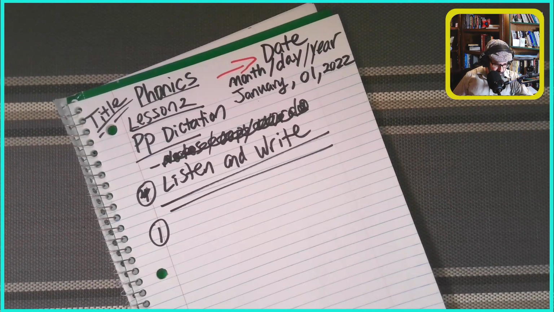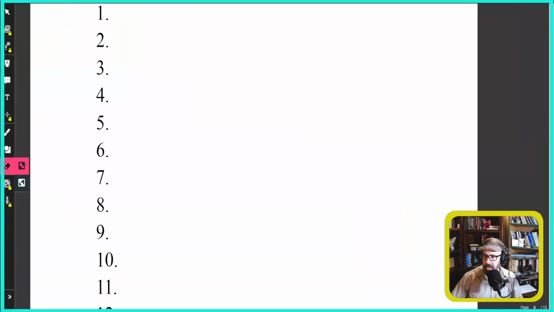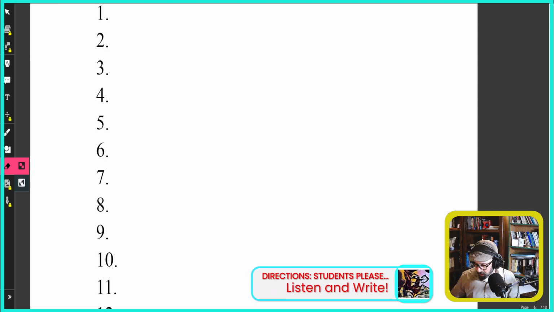Let's go to the sheet. We're going to start with number 1, and your job is to listen and then write the word that you hear. Let me get my word list. Get your notebook ready. Okay, number 1.